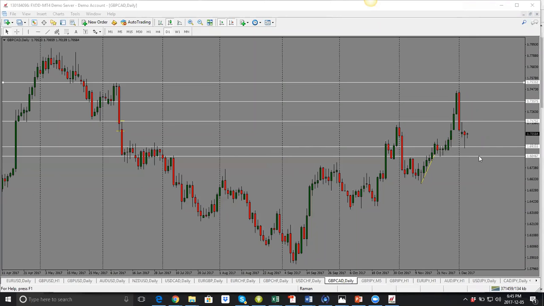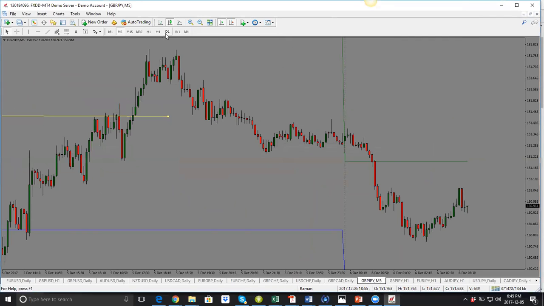So we have an interesting move here. We had a pin bar, which would suggest price drop, and it dropped, and now we have pushed back higher. So at this point, I am neutral on this, and we would just have to see how this plays out. For now, I am not really looking for a trade in pound CAD at this moment.